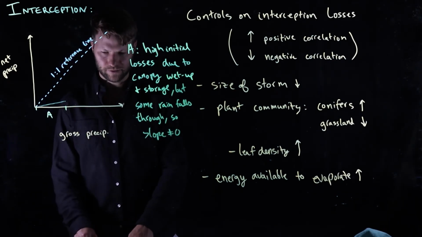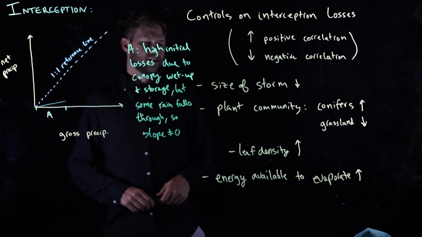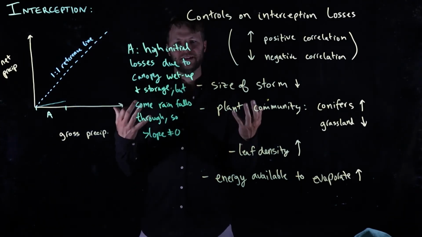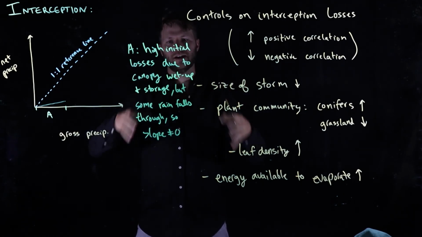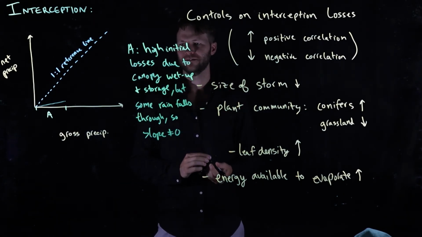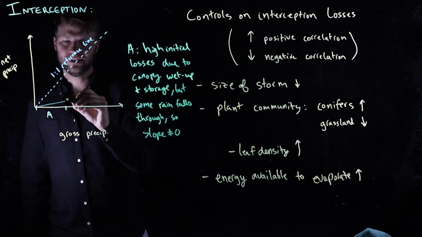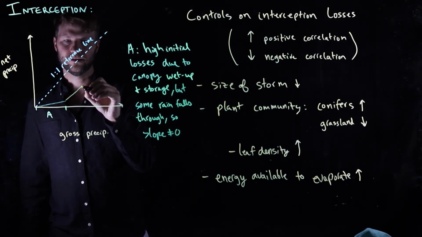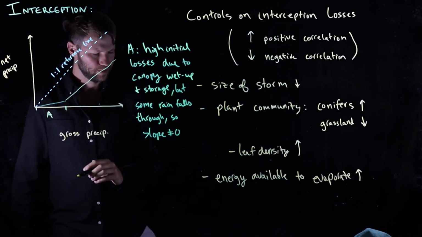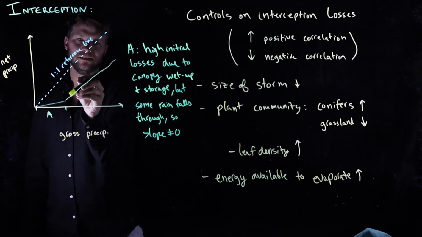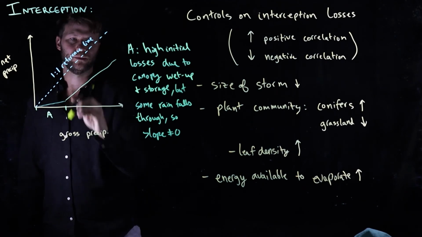Once it's been raining for a little while and the canopy is wet, more rain on a particular leaf is just going to cause some other rain to fall off. And so we end up seeing a slightly greater slope here. It starts to go up, but note that this slope is still a little bit shallower than the one-to-one line.